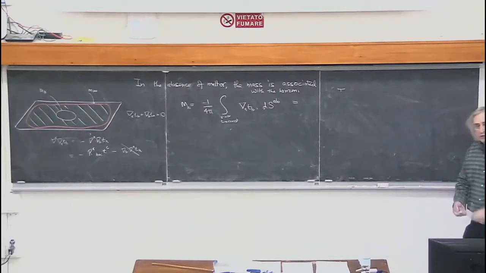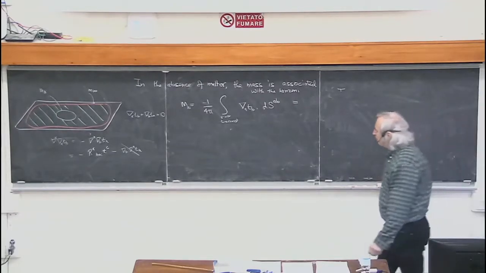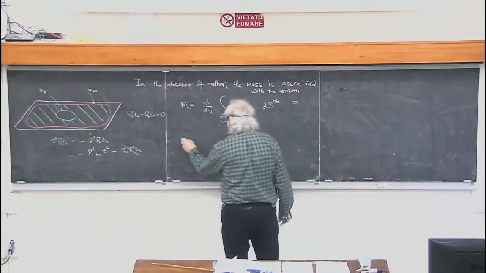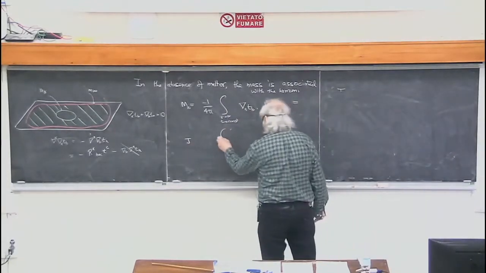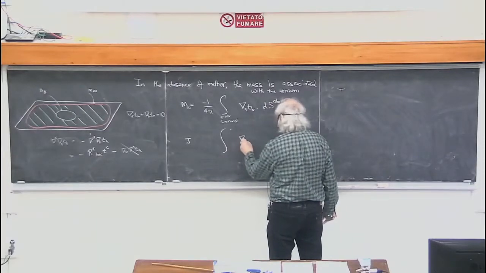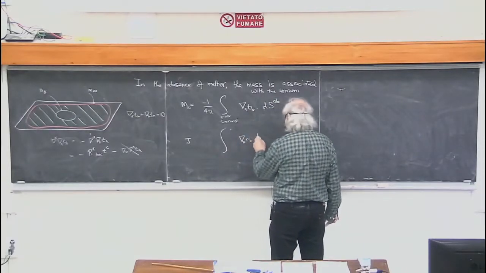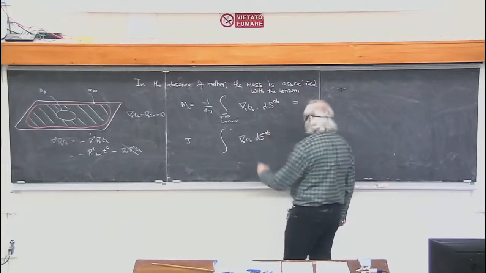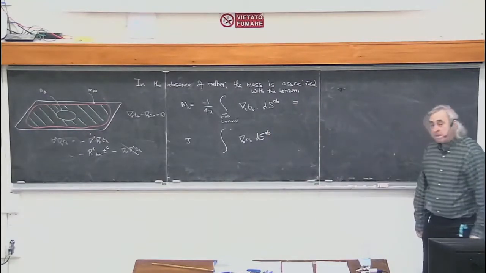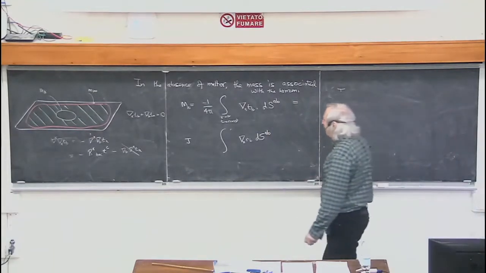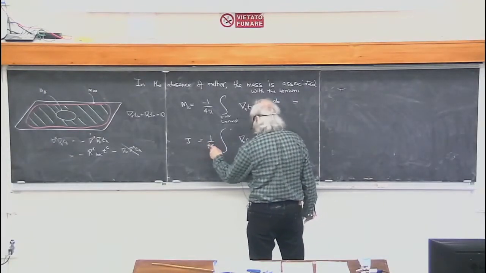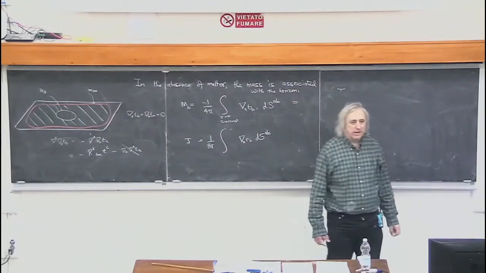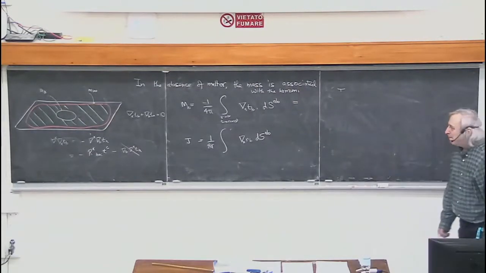There is a precisely similar charge, J, angular momentum, that is associated with doing the same thing to the rotation Killing vector. So just dA R_B. The difference is, however, that in order to get the correct normalization, you need a factor of 1 over 8 pi there, not a factor of 1 over 4 pi.